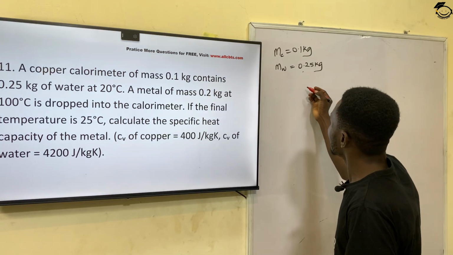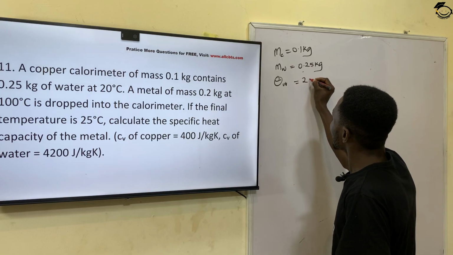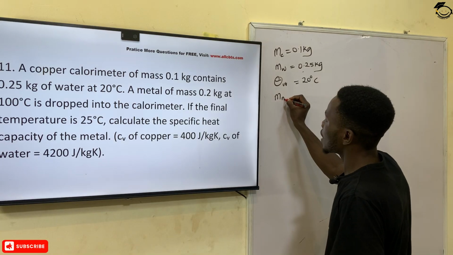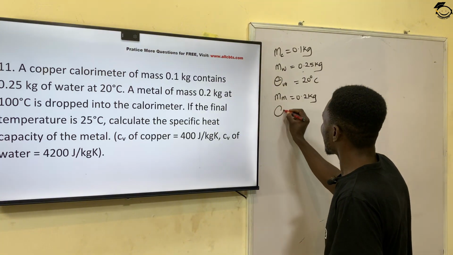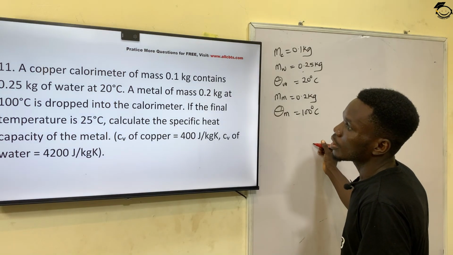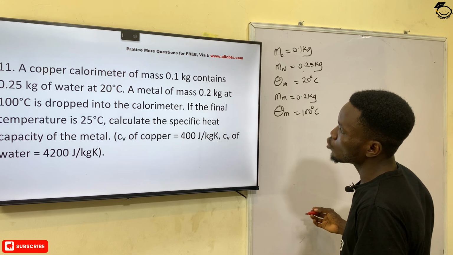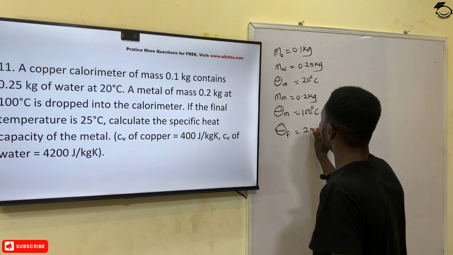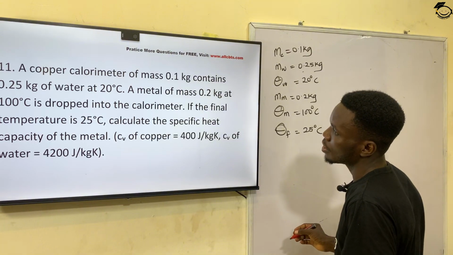at 20 degrees Celsius. It means that the temperature of the water is 20 degrees Celsius. A metal of mass 0.2 kilogram at 100 degrees Celsius, so the temperature of the metal is 100 degrees Celsius, is dropped into the calorimeter. If the final temperature is 25 degrees Celsius, calculate the specific heat capacity of the metal.